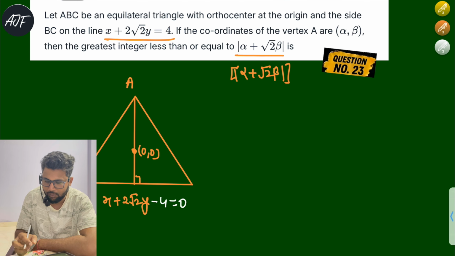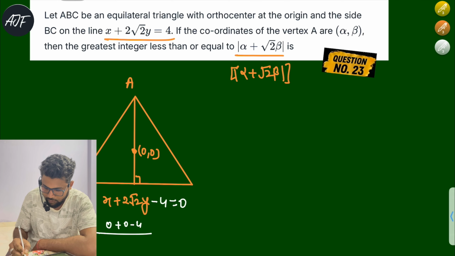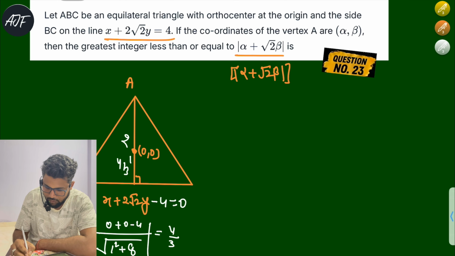Distance formula: a x1 plus b y1 plus c divided by root of a square plus b square. Putting 0 0, it is 0 plus 0 minus 4 divided by root of 1 square plus 2 root 2 square, which is 9, so this is 4 by 3. Then you know the ratio is 2 to 1. So if one part is 4 by 3, then the other is 8 by 3.